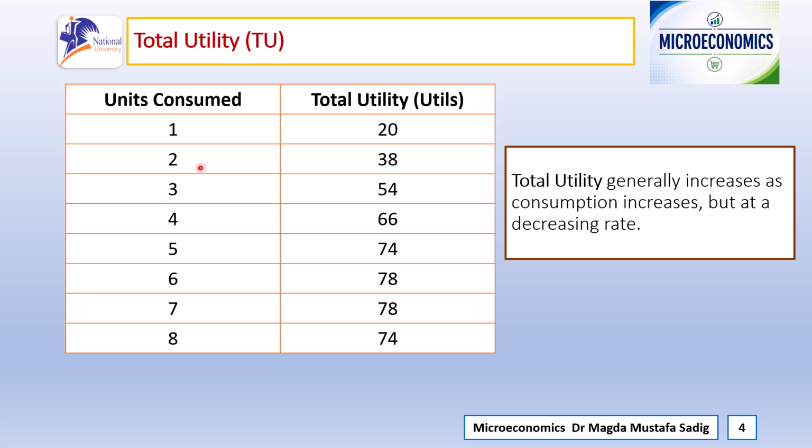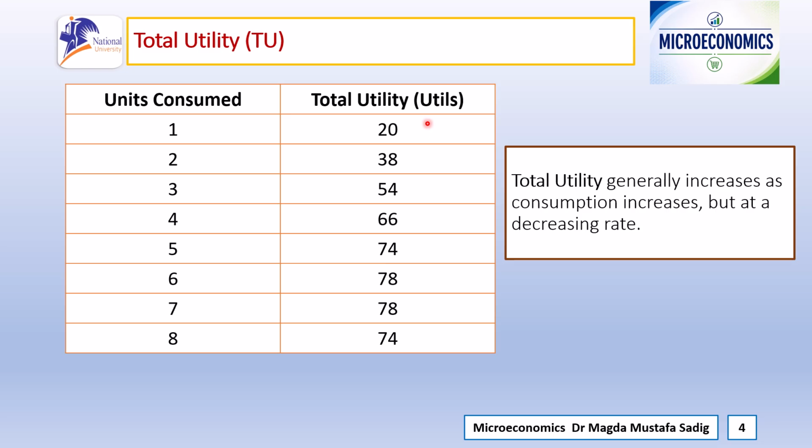After the third unit, it becomes 54, then 66, 74, 78. At first glance, total utility is increasing throughout most of the table. However, notice something very important. The increase becomes smaller with every additional unit.